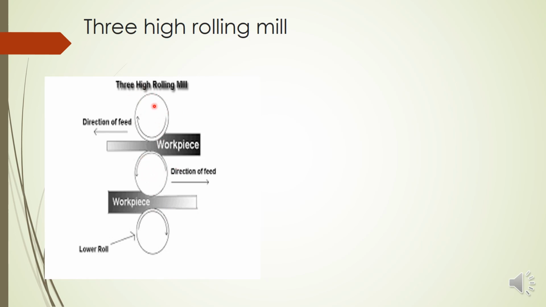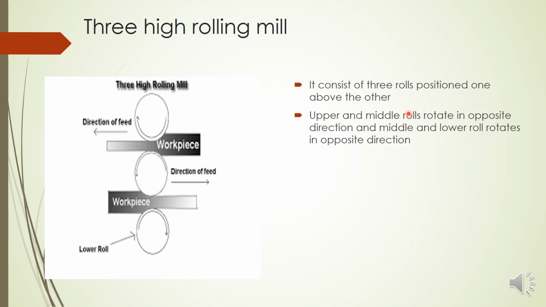You can see here the upper roll and the middle roll rotate oppositely, and again the middle roll and lower roll rotate oppositely. So a 3 high roll mill consists of 3 rolls positioned one above the other.